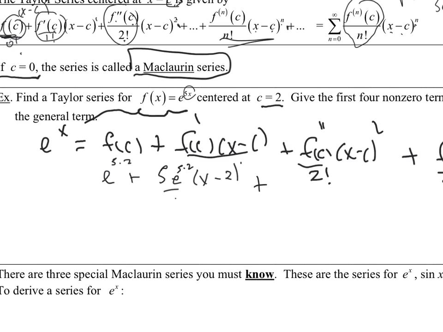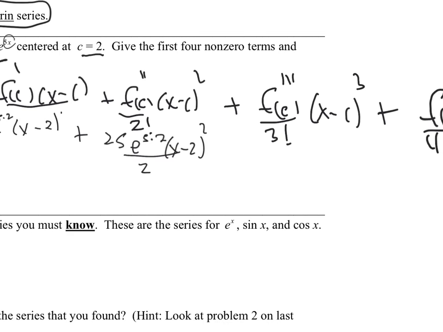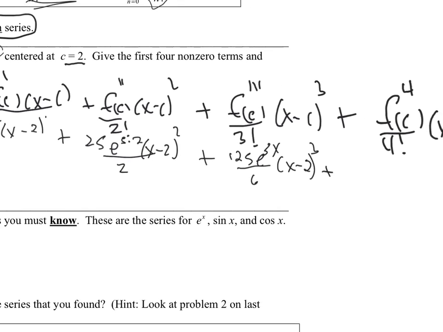The first derivative is 5e to the 5x, so now it becomes 25e to the 5 times 2, x minus 2 squared over 2 factorial. I'm only going to do one more. If I take the third derivative, it's going to be 125 e to the 5x over 3 times 2 is 6, x minus 2 to the third.